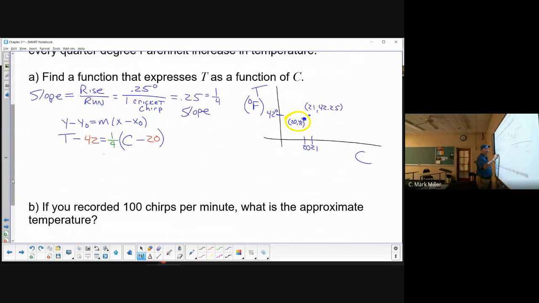So this gives me 1/4 c minus 5. And so t is going to be 1/4 c minus 5 plus 42. That gives me t is 1/4 c plus 37.